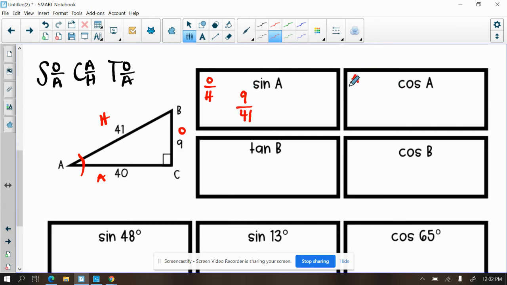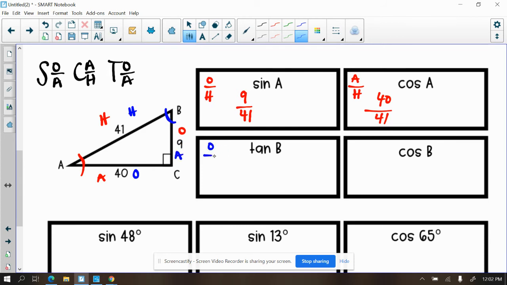Cosine of A, adjacent over hypotenuse, is 40/41. Now we're looking at tangent of B. Looking at B, we've got our opposite side, hypotenuse stays the same, adjacent is 9.